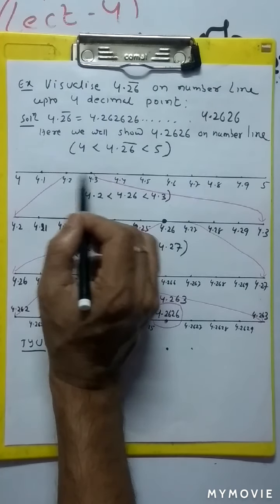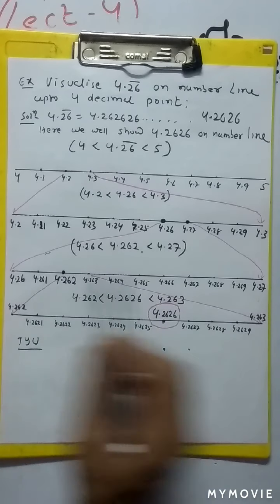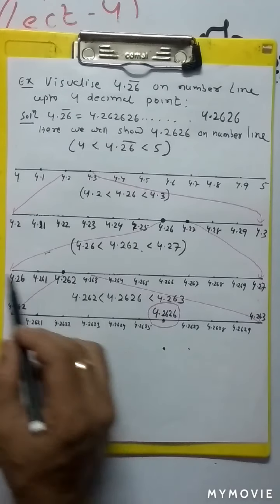So to locate it properly, we have to magnify the line between 4.2 and 4.3. This small line is magnified into a bigger one. Now divide it equally into 10 parts. Each part is 4.21, 4.22, 4.23, like that up to 4.3. In that line you will get a point that is 4.26.